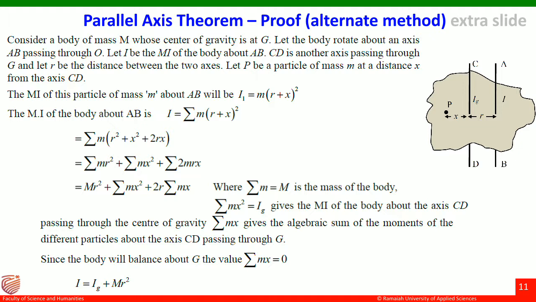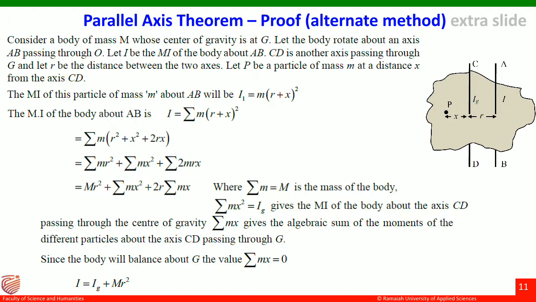Let I be the moment of inertia about the AB axis, and CD is another axis which is passing through the center of mass G. That moment of inertia is represented as Ig, and let r be the distance between these two axes.